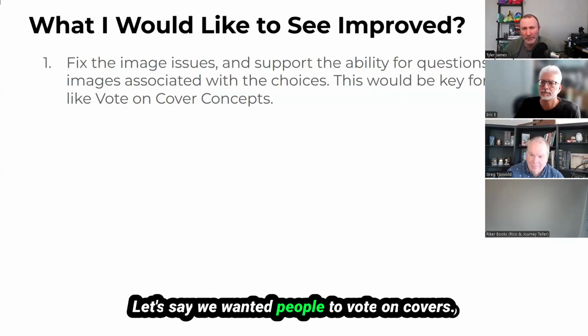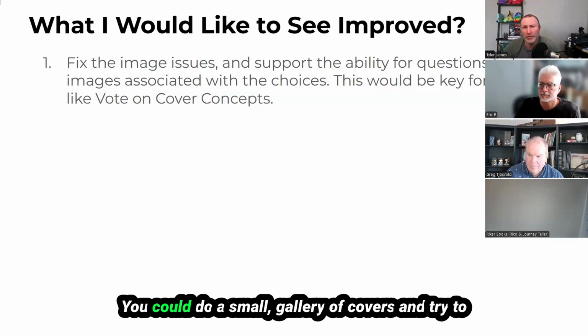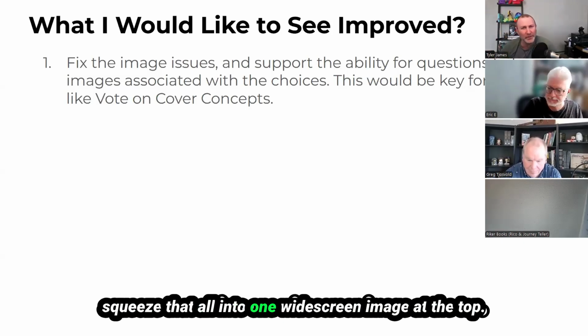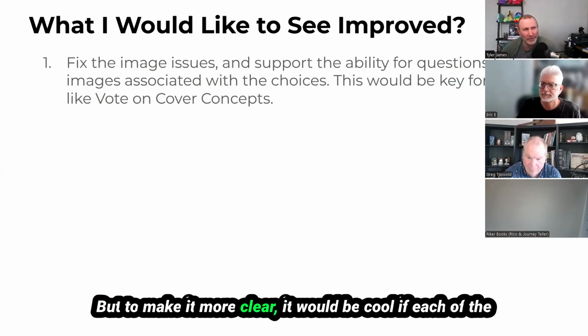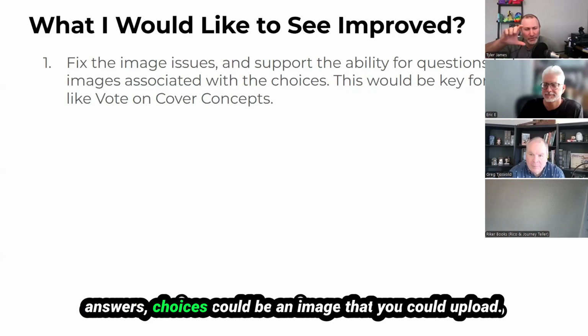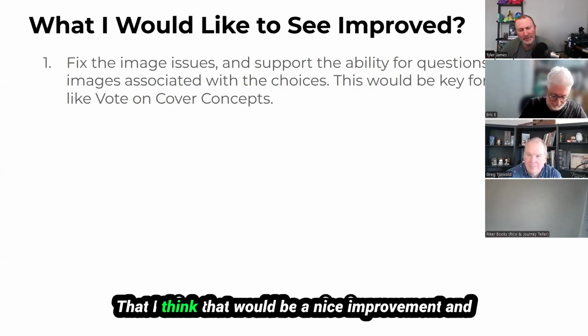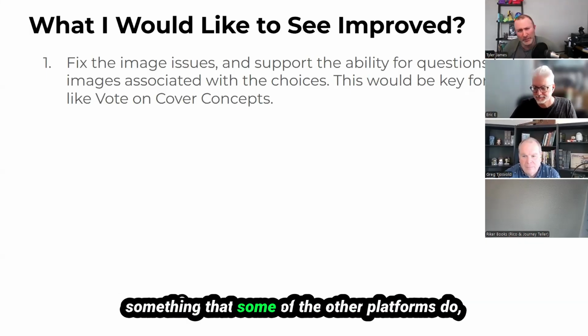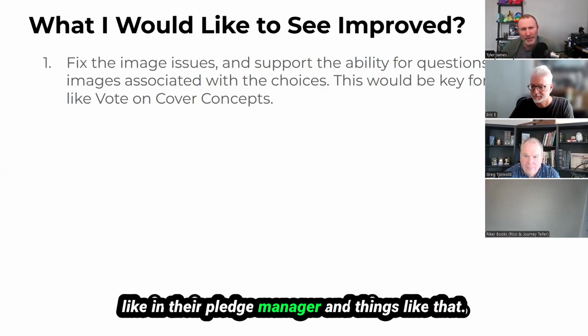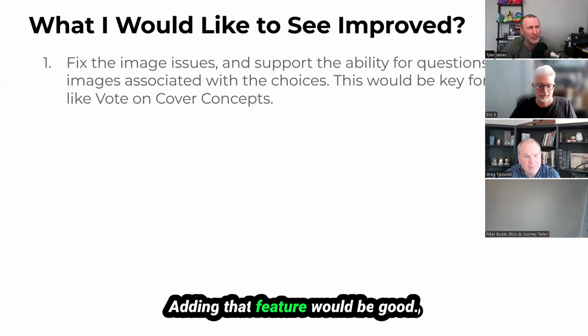Let's say we wanted people to vote on covers. You could do a small gallery of covers and try to squeeze that all into one widescreen image at the top. But to make it more clear, it would be cool if each of the answer choices could be an image that you could upload. I think that would be a nice improvement, and something that some of the other platforms do, like in their pledge managers. Adding that feature would be good.